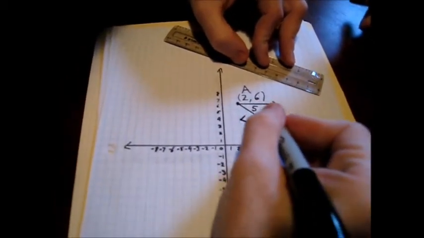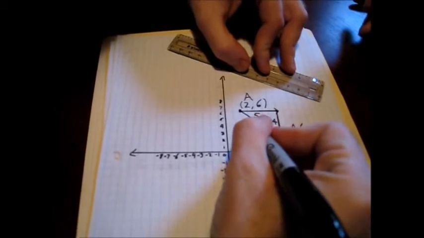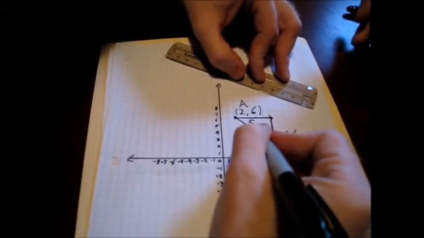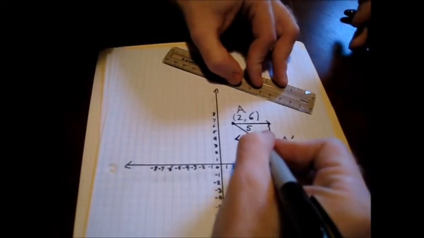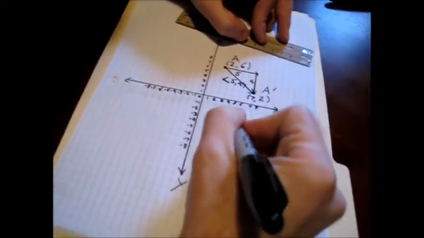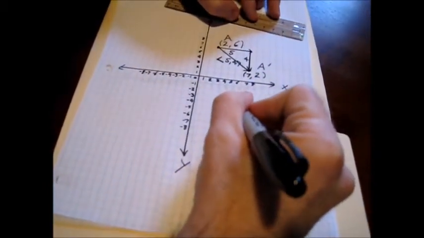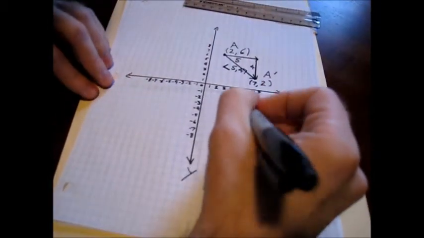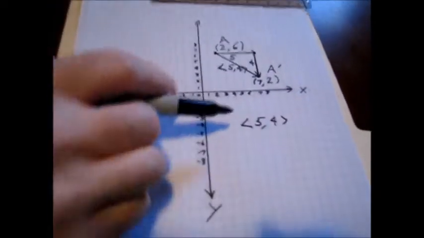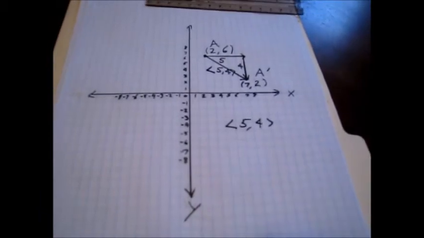First we're going to describe our movement along the x, which would be 5. And then we describe our movement along the y, which is 4. Again, it looks very similar to how we might describe a coordinate, but we're using the pointy brackets to make it different.